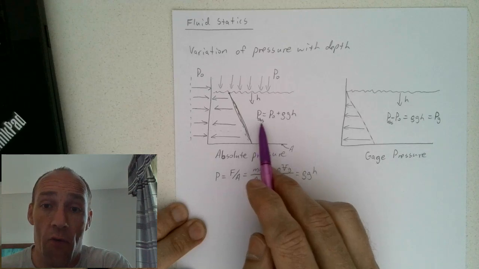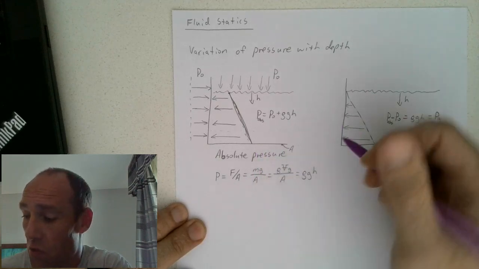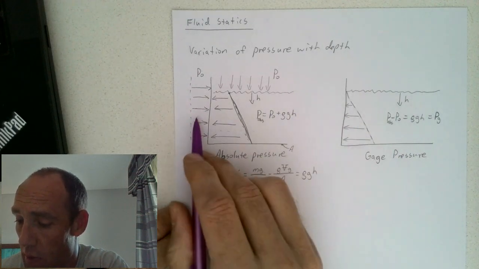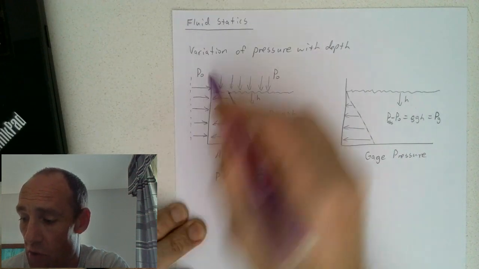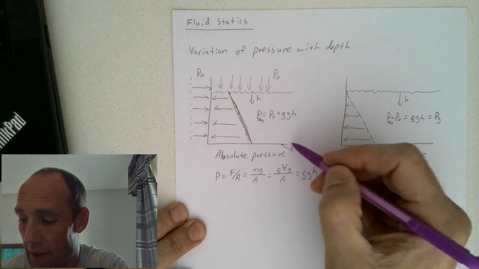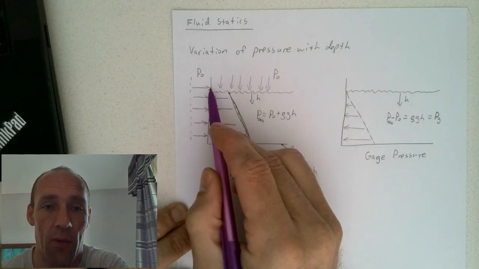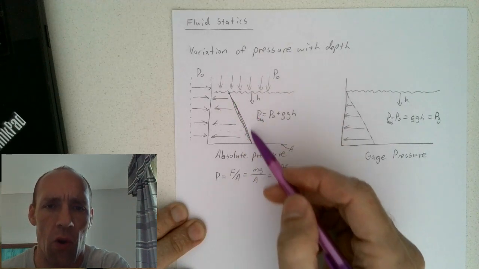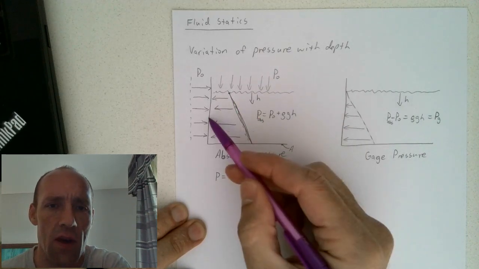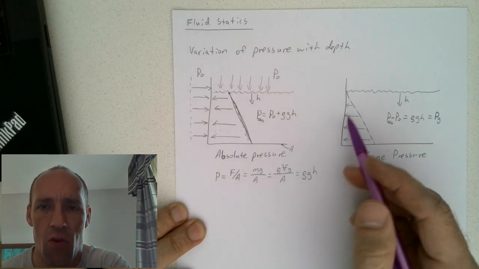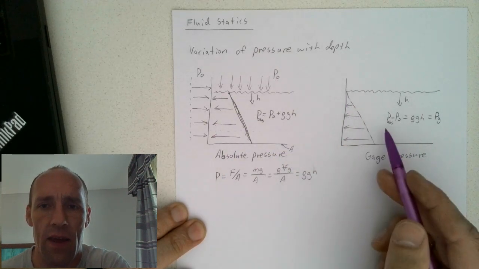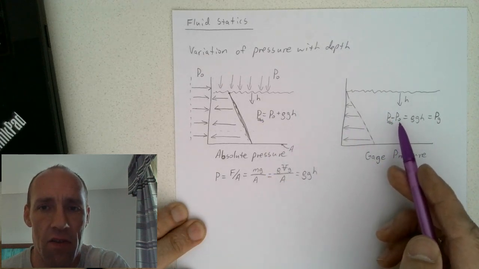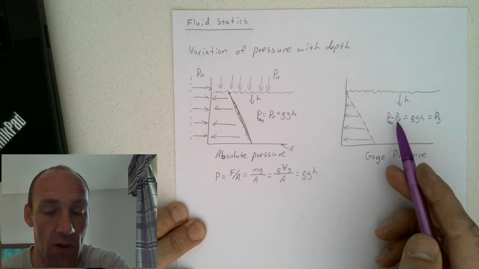So oftentimes we're interested in the net force acting on a surface. In this particular case, we have a container, the corner of a container. We have atmospheric pressure operating on the outside, and atmospheric plus the pressure due to the variation in depth operating on the other side. And so the net would simply be the absolute pressure minus the atmospheric pressure.